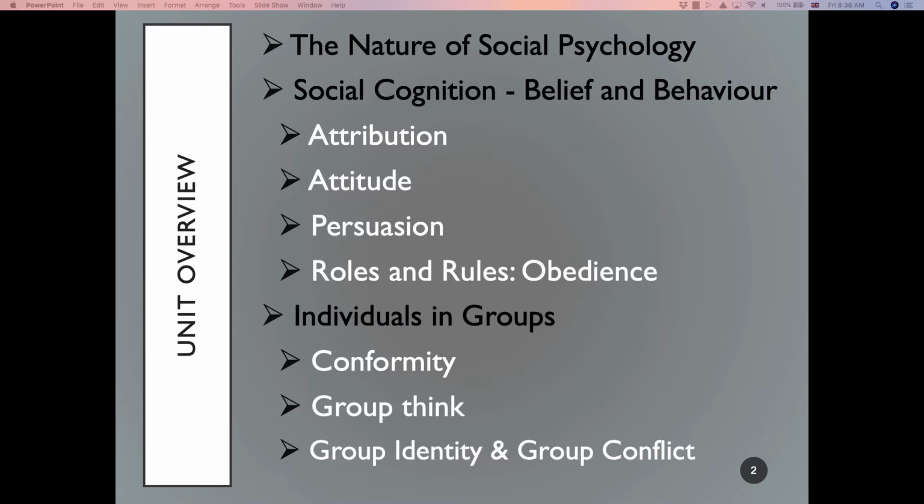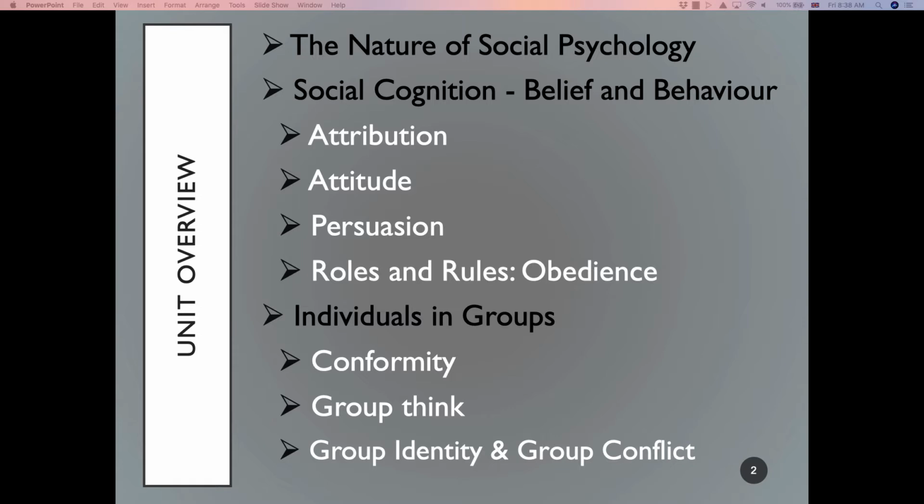And social, how does it influence our behaviour? And we're talking about our own behaviour. We're talking about other people's behaviour. How do we behave in groups? And how does that influence us?